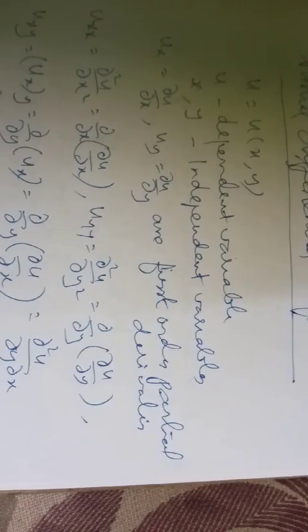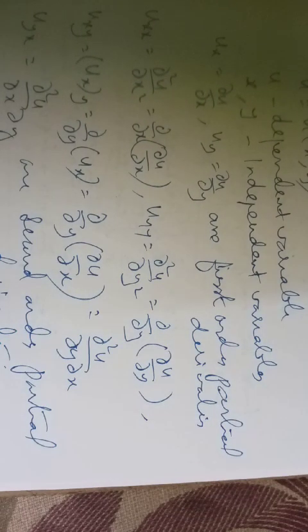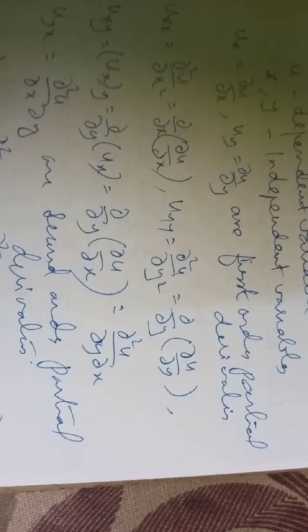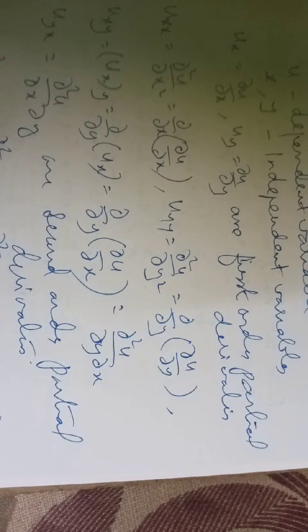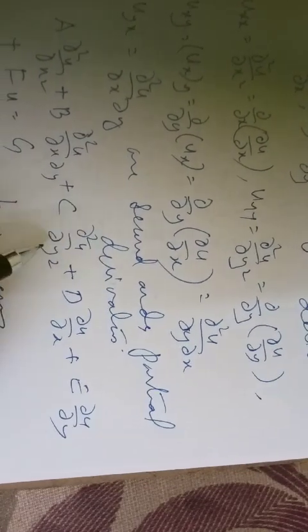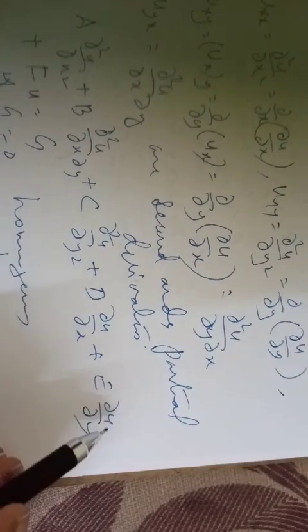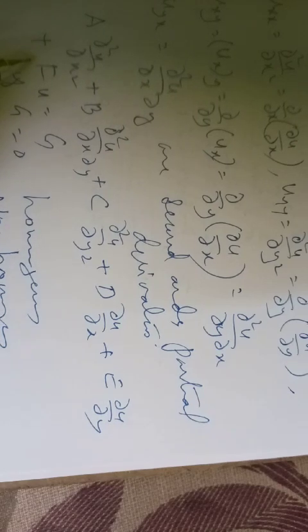Okay. Next, we consider an equation of the form a dou square u by dou x square plus b dou square u by dou x dou y plus c dou square u by dou y square plus d dou u by dou x plus e dou u by dou y plus f u equal to g.